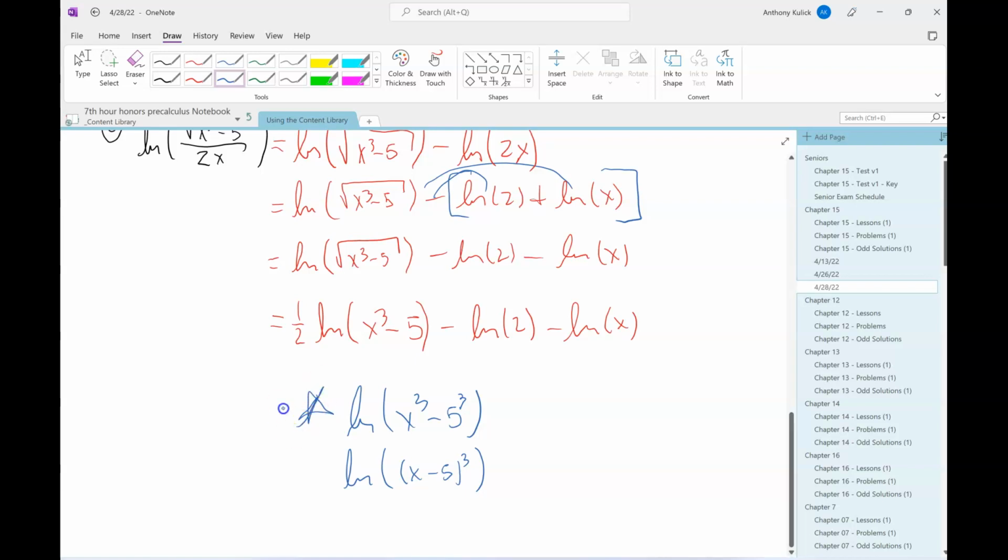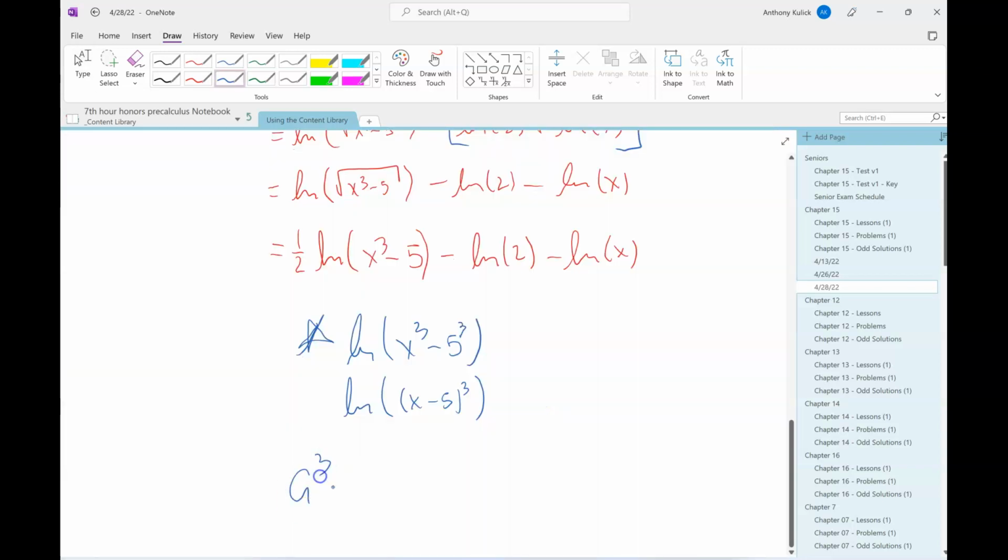What could we do with x cubed minus 5 to the 3rd? You could factor that as a difference of 2 cubes and then use the product property on it. That would be okay. That you could do.